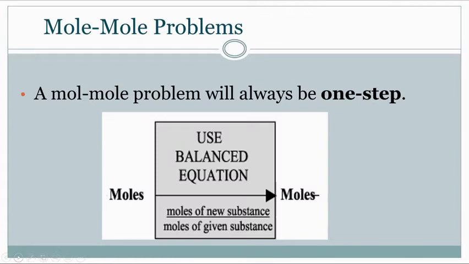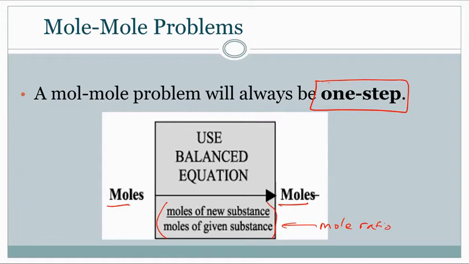So when we're doing a mole-to-mole problem, it's always going to be one step. And what you're going to do when you're going from moles to moles, you're going to use your balanced equation, and you're going to use your mole ratio. Okay, so this is called your mole ratio, and you get it from your balanced chemical equation.